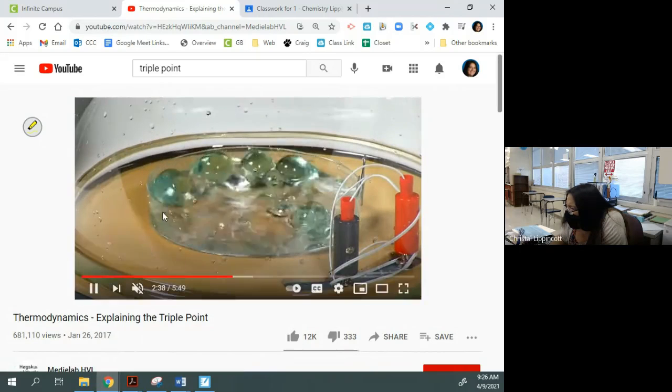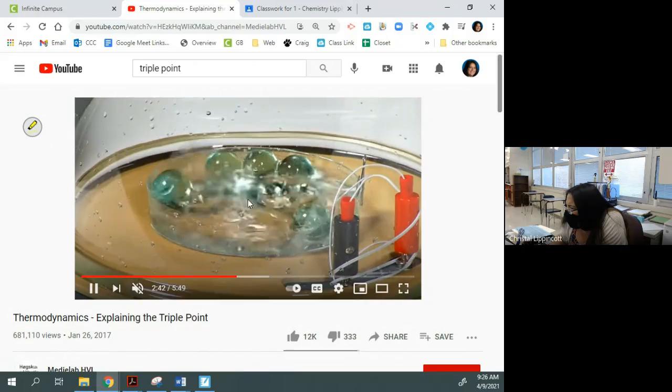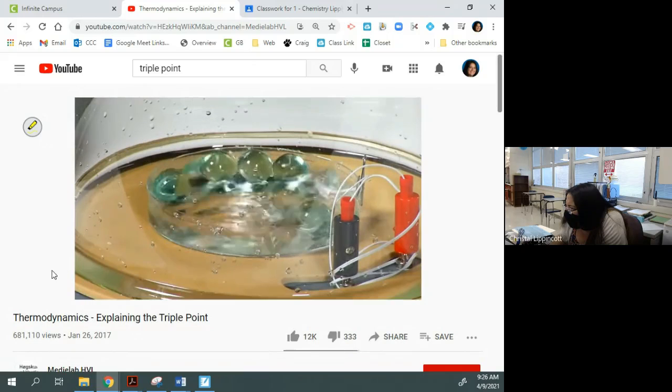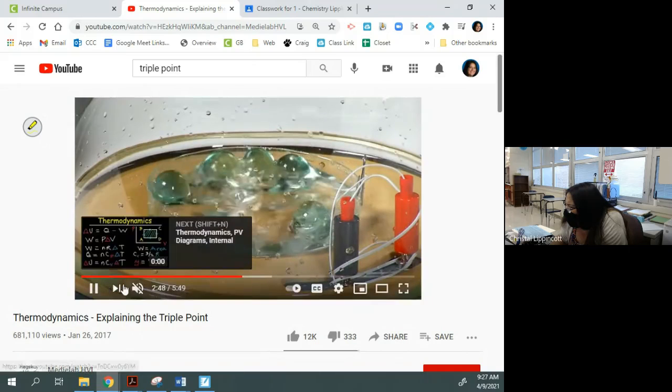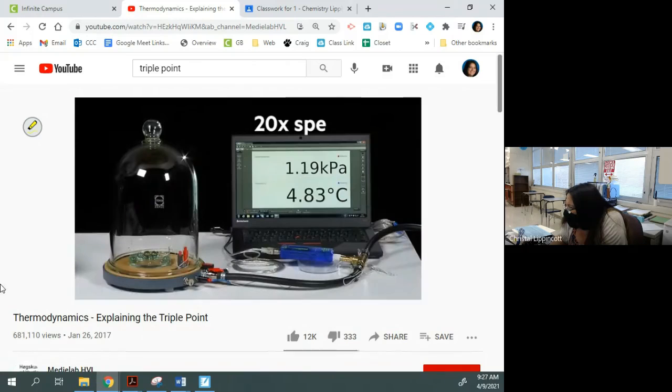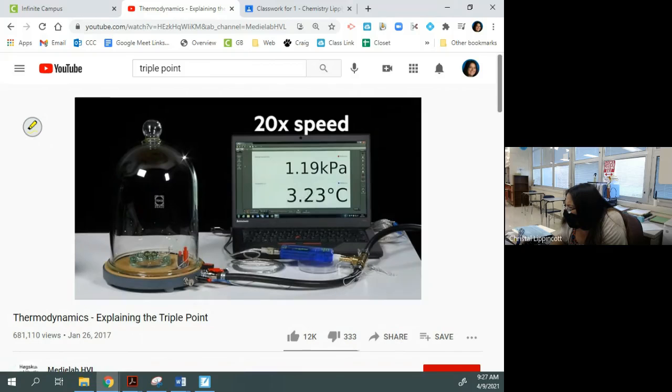So he's got this set up so that he's got solid water, he's got liquid in here, and then he's got gas, and it's all happening. And he has it in a contained environment here because he has to increase the pressure. Okay, normal atmospheric pressure is how many kilopascals? 1 atm.